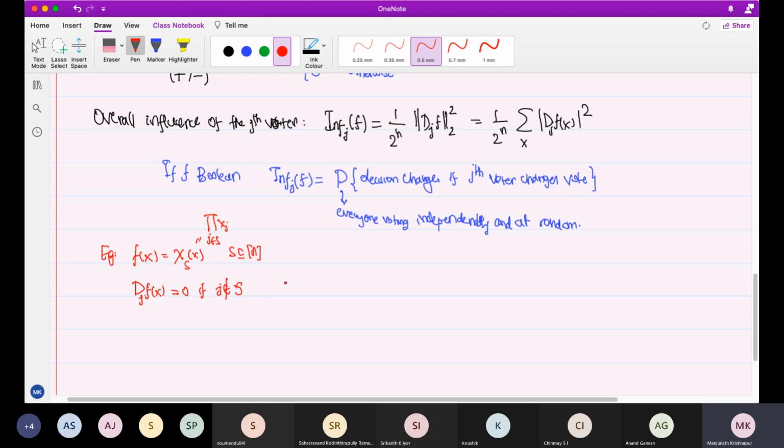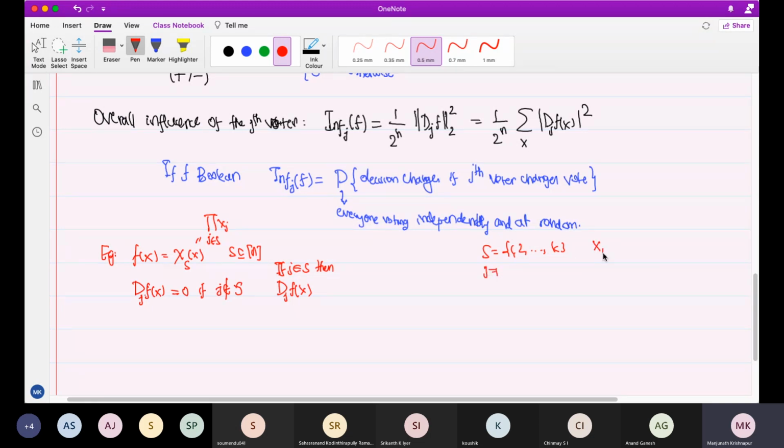So what if j belongs to S? If j does belong to S, then what is d_j f of x? Just for simplicity, let's say S is 1 up to k. There is no loss of generality in it. So what we are looking at is x, and j is 1, let's say.